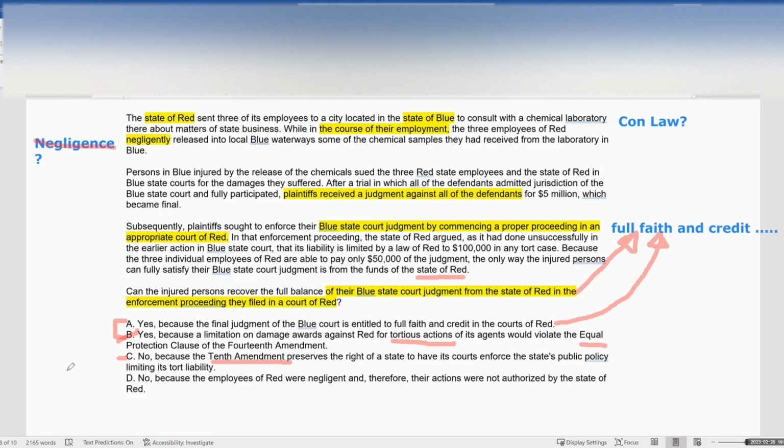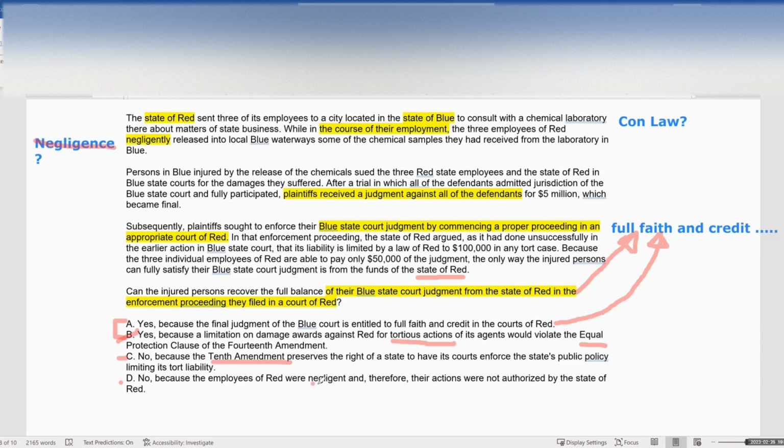Then the last answer choice, D, says no, because the employees of Red were negligent and therefore the actions were not authorized by the state of Red. We really are not needing to analyze the liability of those individual agents themselves.